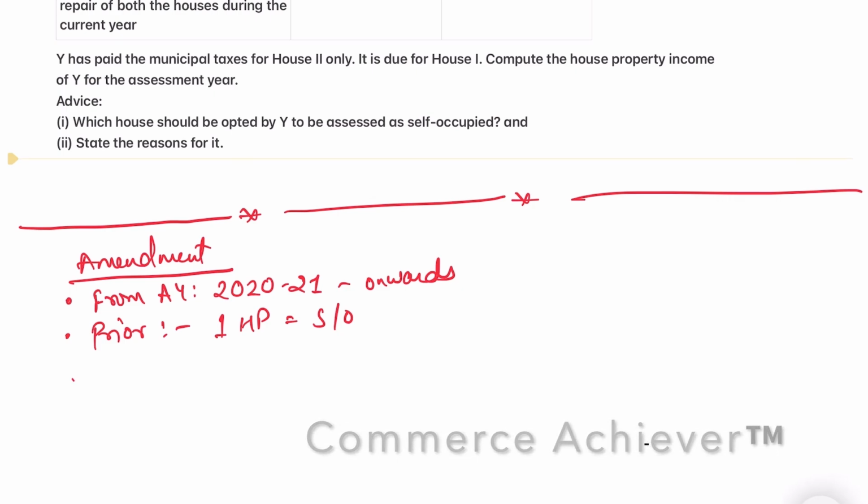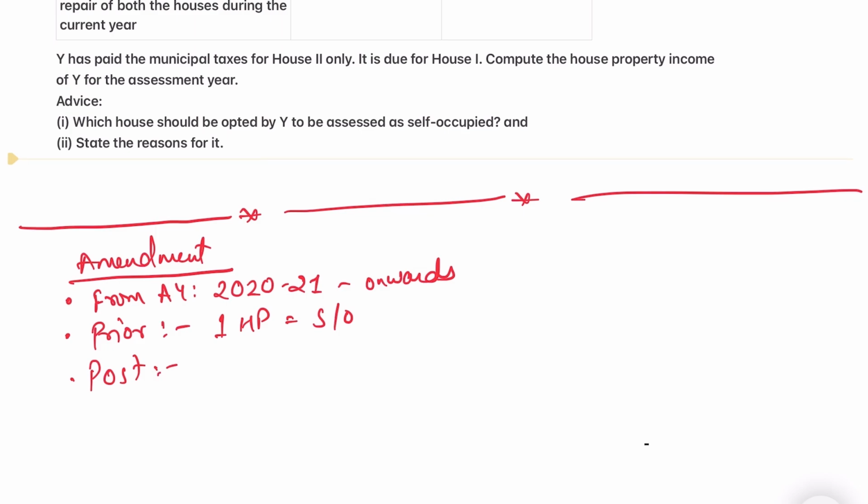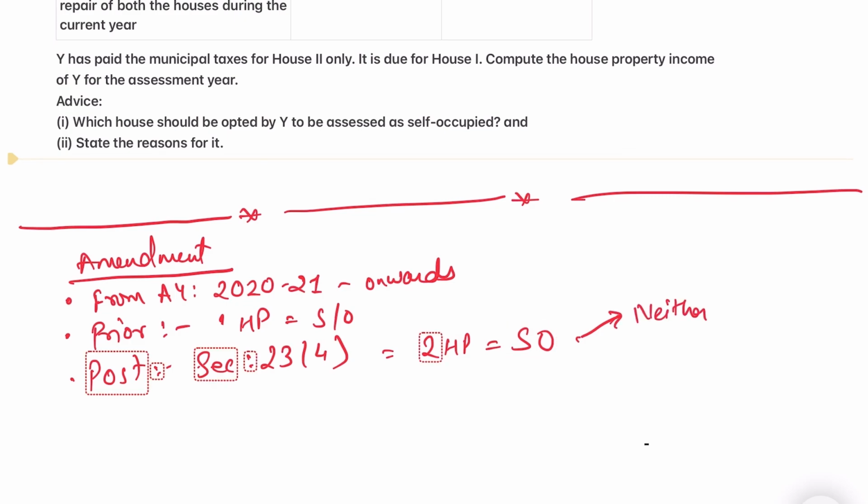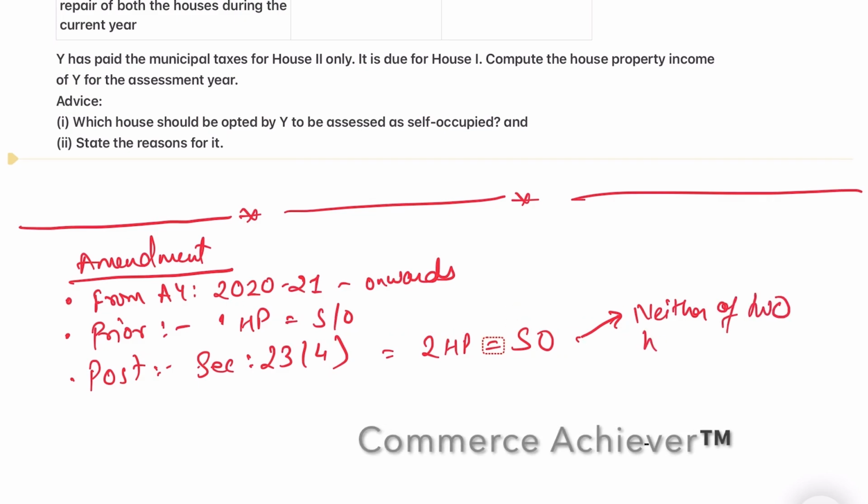But what is the position post amendment? There is an amendment in section 23, sub-clause 4, that an individual taxpayer can now treat two house properties as self-occupied, if and only if none of the two houses is let out.